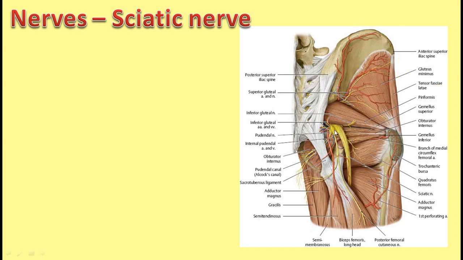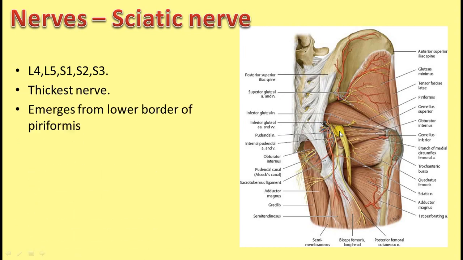Sciatic nerve, I am not going to describe the whole nerve because I will be doing it in the posterior compartment of the thigh. Here, thick nerve, largest, 2 cm wide, arising again from the greater sciatic foramen from the lower border of the piriformis muscle. Root values L4, L5, S1, S2, S3. It has got two components, a tibial component and a peroneal component, and lies on top of the tricipital tendon and separated from it by the nerve to quadratus femoris.